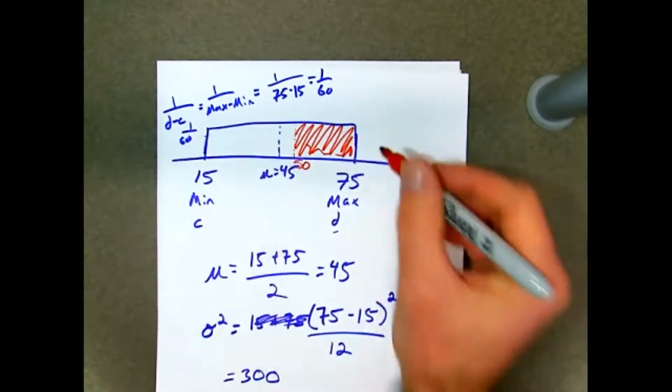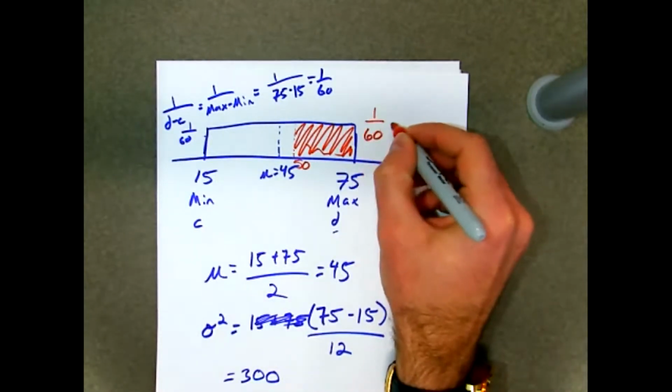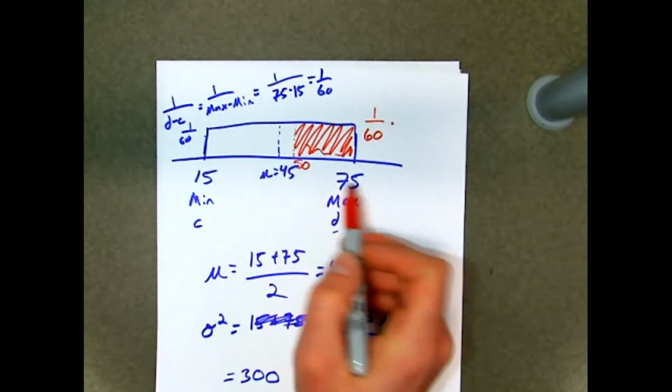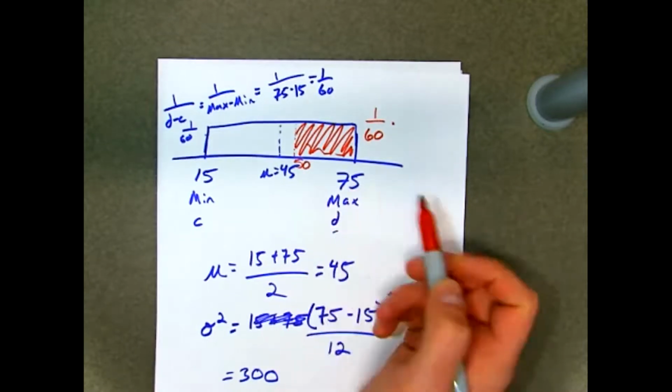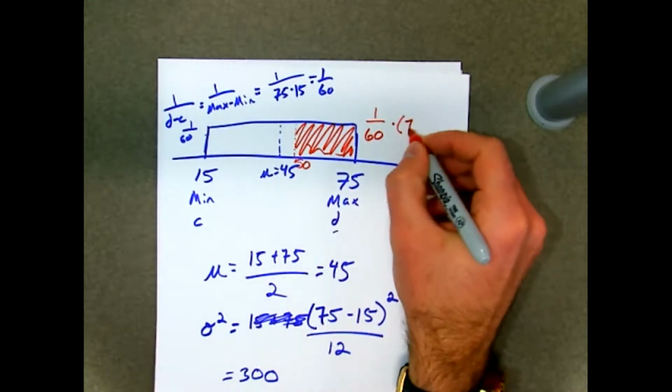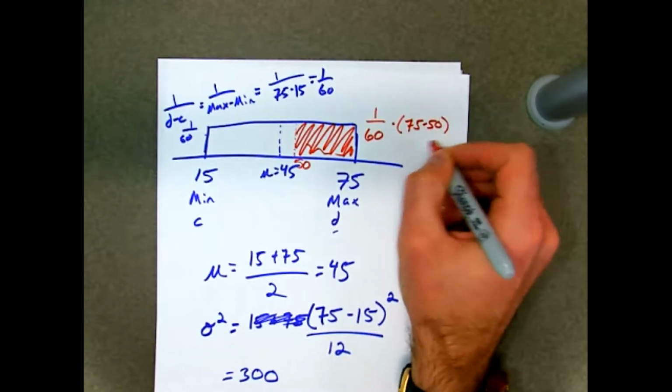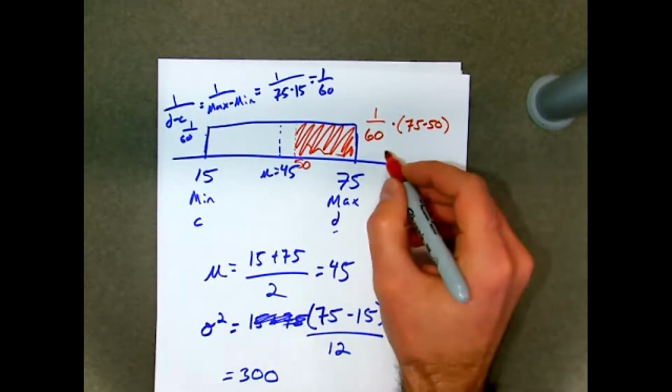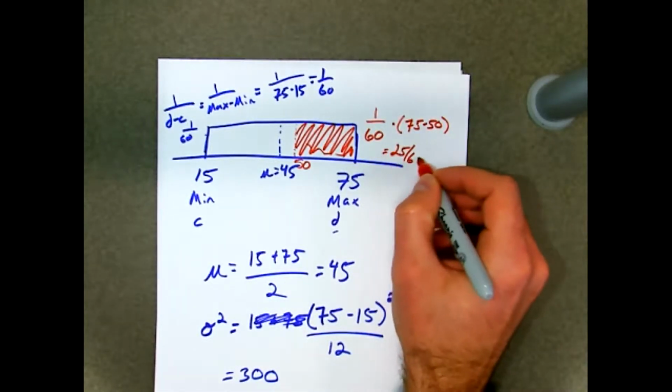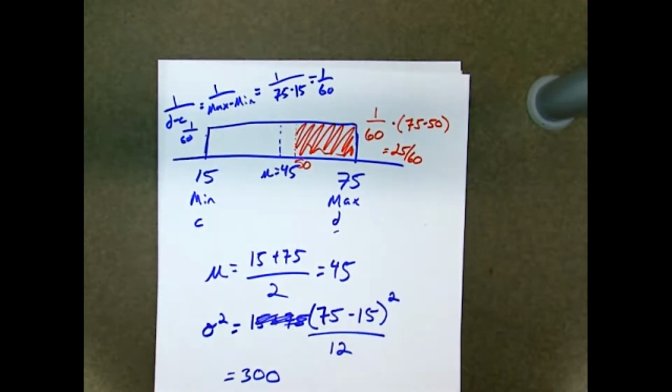The height is 1 over 60, and the width goes from 50 to 75, so I just multiply by 25. That's 25 over 60, so 0.46 or somewhere around there. We'll see once we go to the answer key.